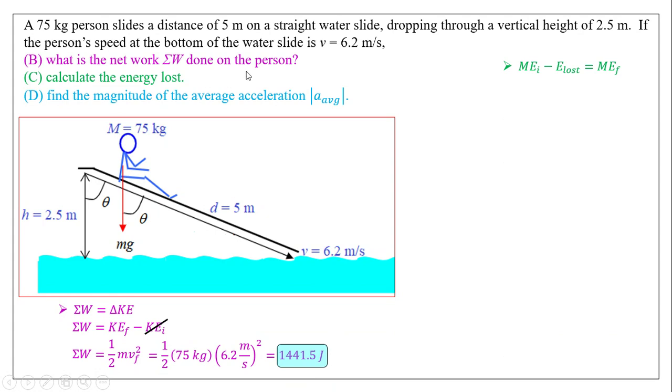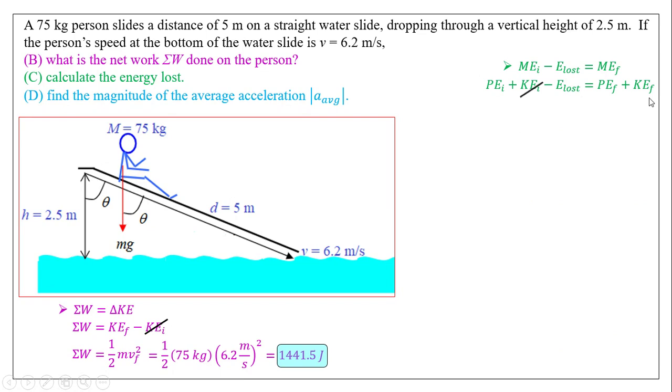In order to calculate energy loss in this particular problem, you have to do the initial mechanical energy minus the energy loss equals how much is left over at the very bottom. So I'm just going to expand this. ME_I is just PE_I plus KE_I minus E_loss, because it's energy loss, so you have to take it away from the system. And then ME_F is just KE_F plus PE_F.